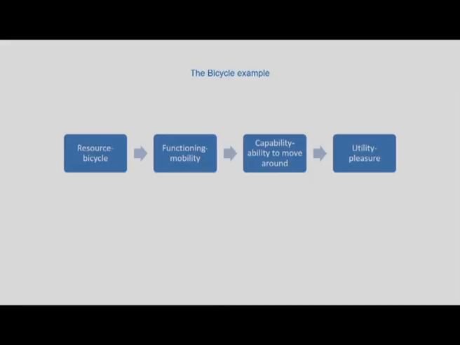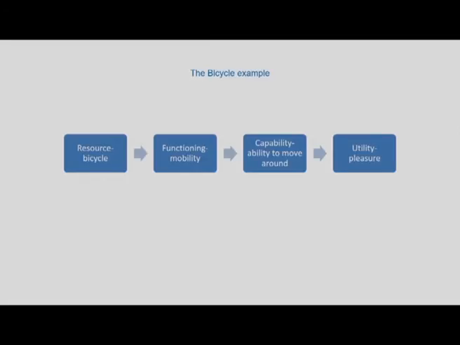A bicycle provides a good example of how these different concepts can be related: utilitarianism, basic needs approach or resourcism, and capabilities approach. So, a person may own or be able to use a bicycle, which is a resource here. By riding the bicycle, the person becomes mobile, moves from one place to the other. However, if the person is unable to ride the bicycle, then having a bicycle would not in fact result in this functioning.